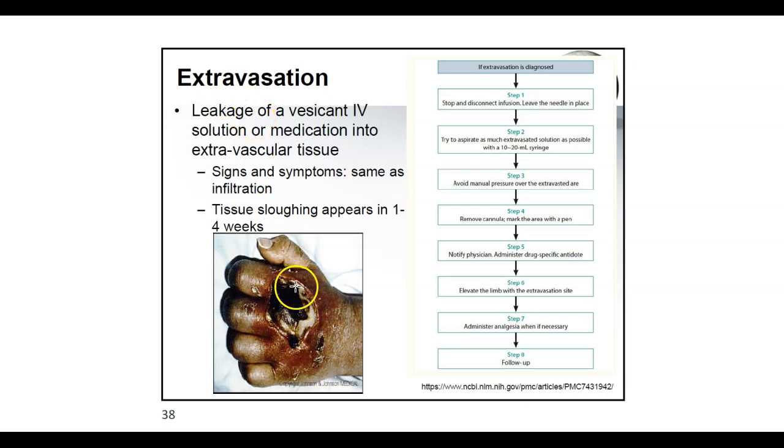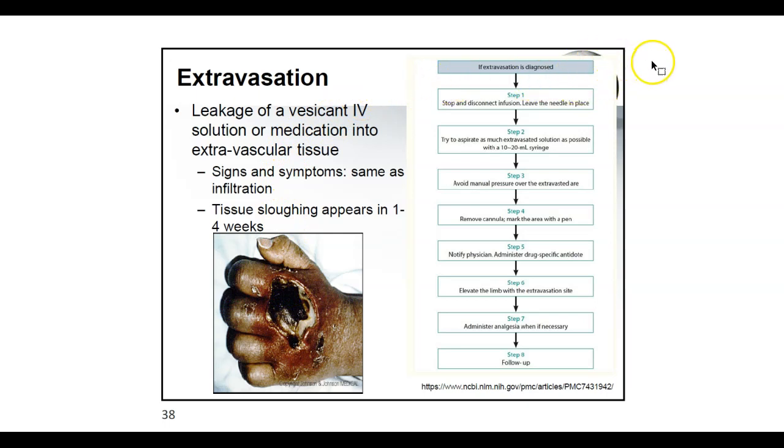So as you can see here, right, a very severe form of infiltration is your extravasation, and usually again it's secondary to vesicant medications. And look at this piece of tissue basically out, right? You have this big lesion over here. So what do we do when a patient has some extravasation?